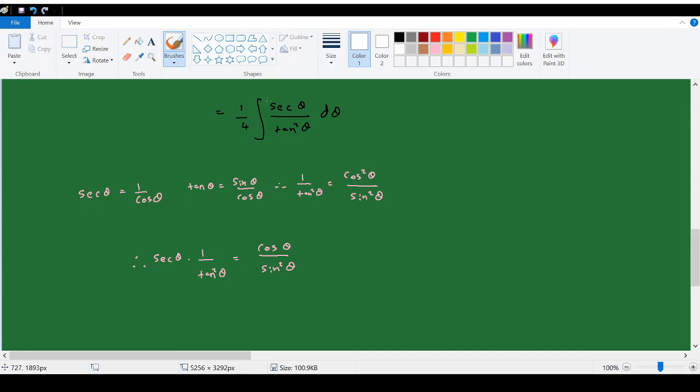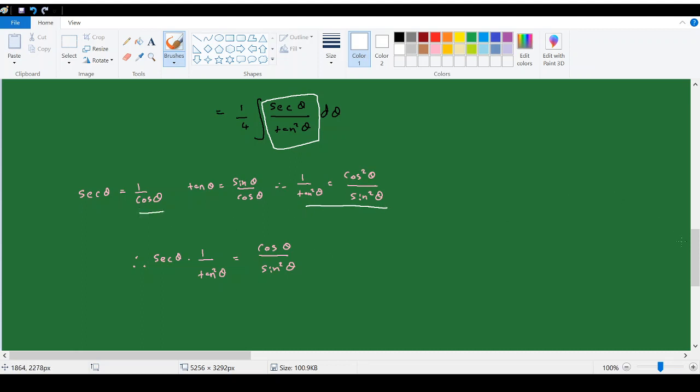So this fraction inside the integral, you can rewrite it as sec theta times 1 over tan squared theta. So we just have to multiply these two things.